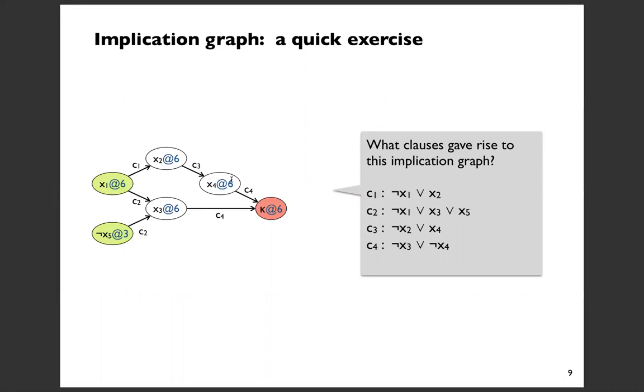That is another property satisfied for every interior node. For example, in C2 and C4, X3 appears with opposing polarity.